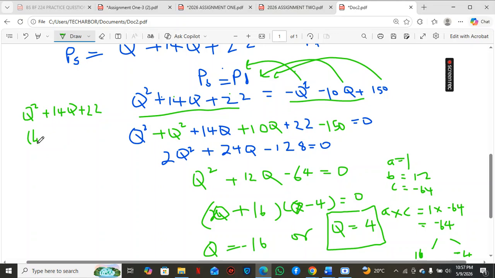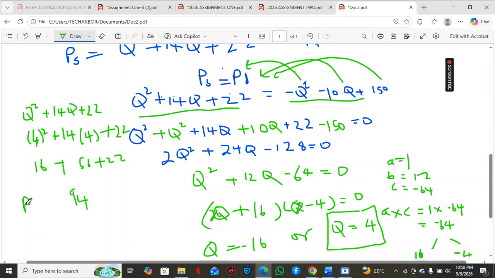So we have 4 squared plus 14 times 4 plus 22. 4 squared is 16. 14 times 4 is 56, plus 22. 16 plus 56 plus 22, you get 94.